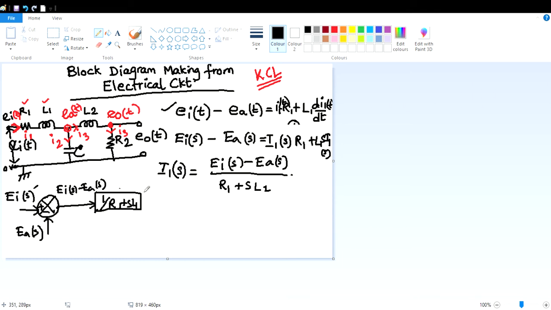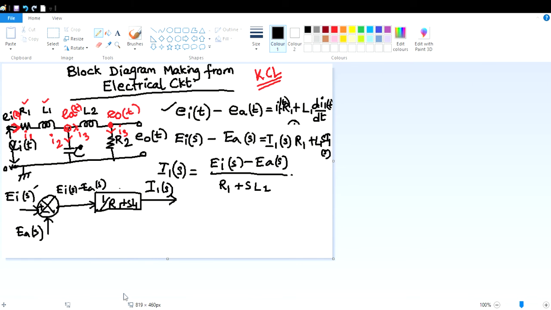I cannot divide here, so I write it as multiplication into 1 upon R1 plus sL1. It will give us I1(s) on the right hand side.